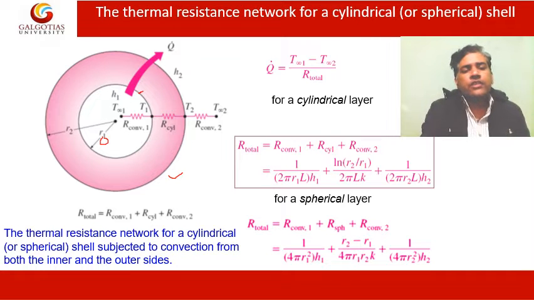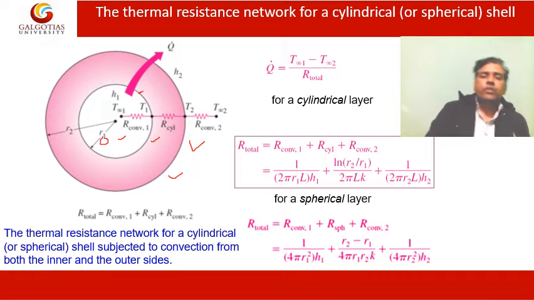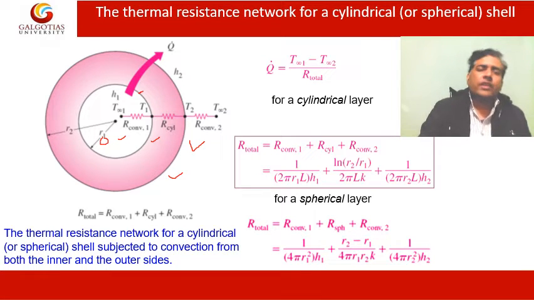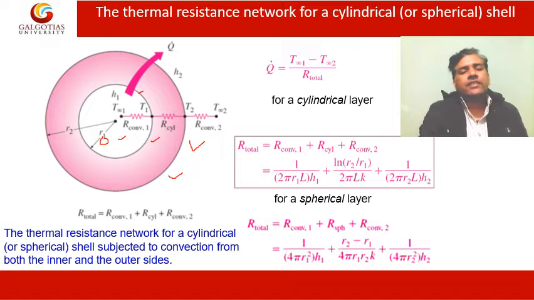Some resistance will be offered by the convection, then some conduction resistance will be offered by the cylindrical body, and then some convection resistance will be offered at the outside area. Okay, so at the center the temperature is T infinity 1, at this point the temperature is T1, at this point the temperature is T2, and the atmospheric temperature is T infinity 2.